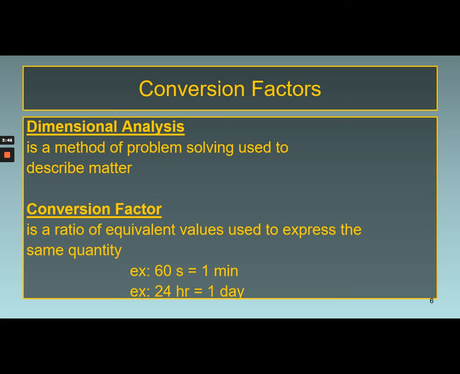We use equivalent time units all the time, 60 seconds in a minute and 24 hours in a day. And we can write them as a fraction that is equal to 1. So we can say 60 seconds over 1 minute or 1 minute over 60. If I wanted to know how many seconds are in 20 minutes, I just simply need to multiply by 60.